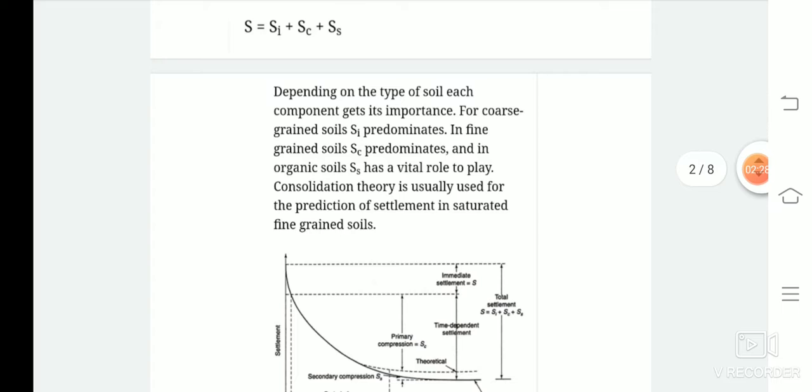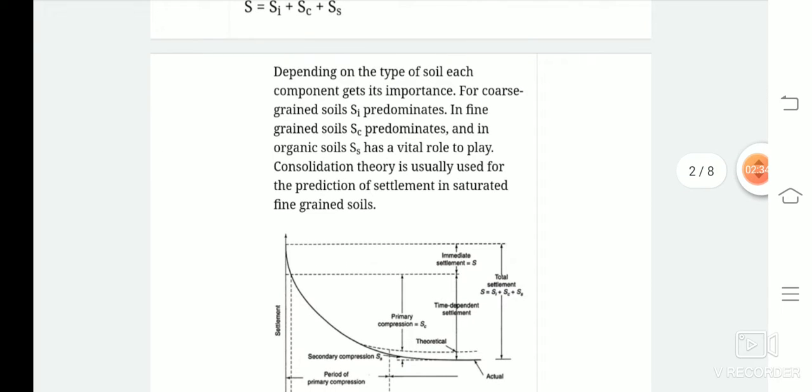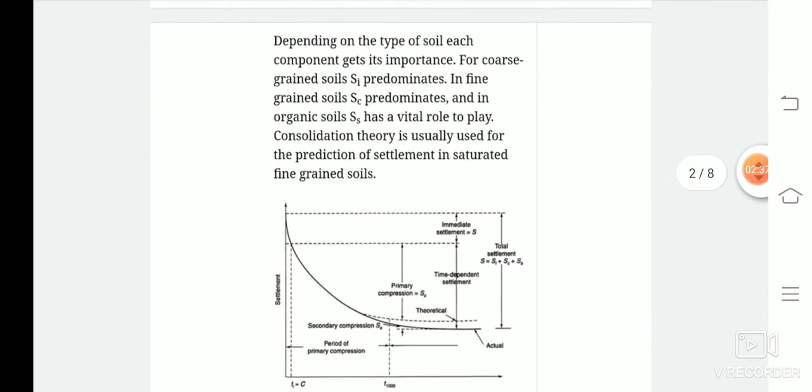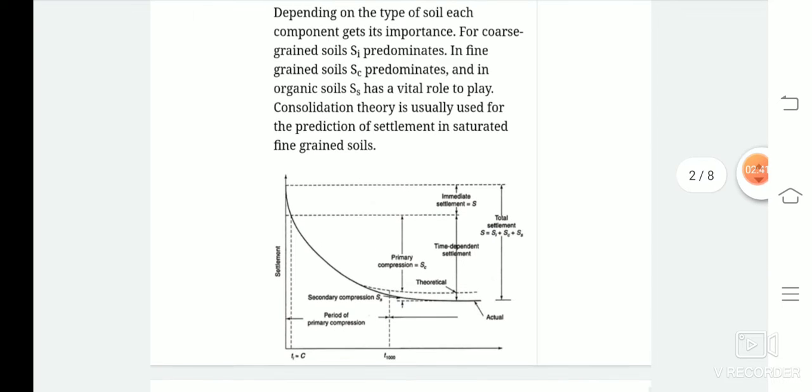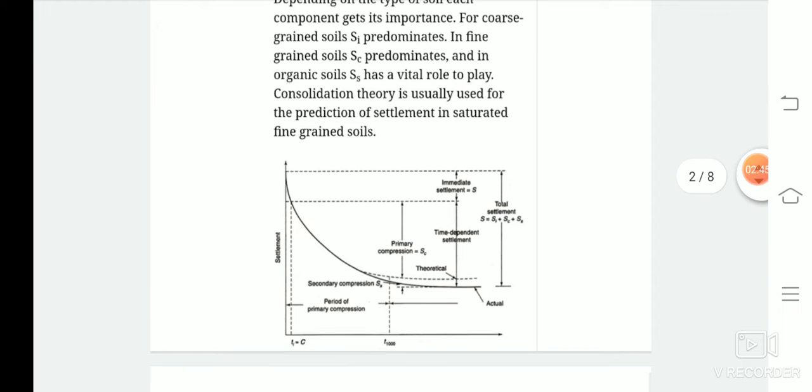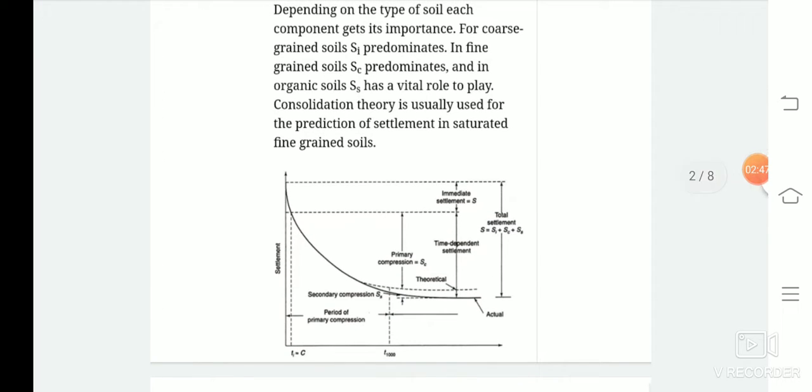Each component of the settlement mainly gets its importance from the type of soil. As I have discussed, immediate settlement normally depends on coarse grain soil. Hence, SI predominates for coarse grain soil. Normally, in fine grain soil such as clay and silt, as we have already discussed, they have water retentive property.